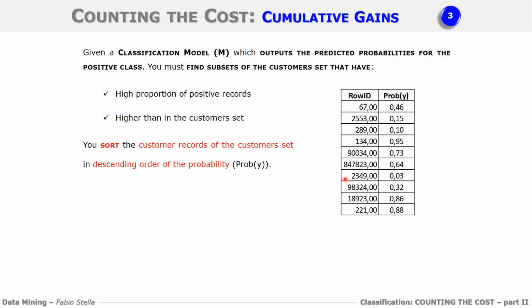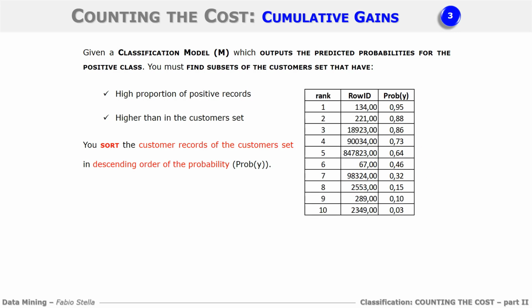So you move from this situation of your table to the following situation, where you can see that the first element of this list is associated with a probability of being a churner which is greater than the second one, and the probability that the second customer is a churner is greater than the probability that the third customer is a churner, and so on.